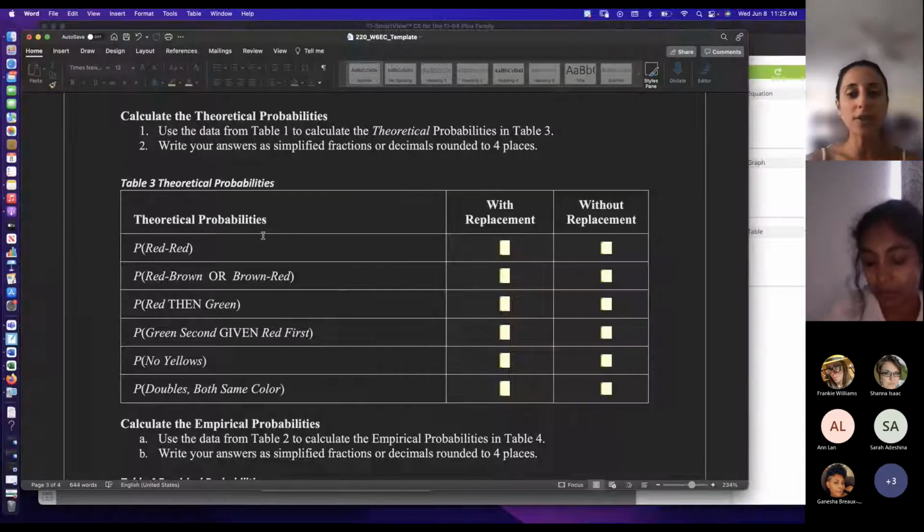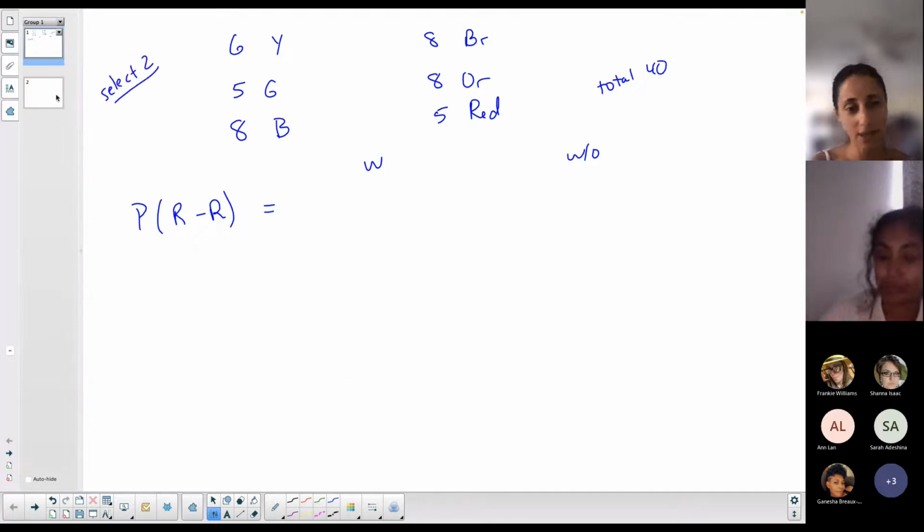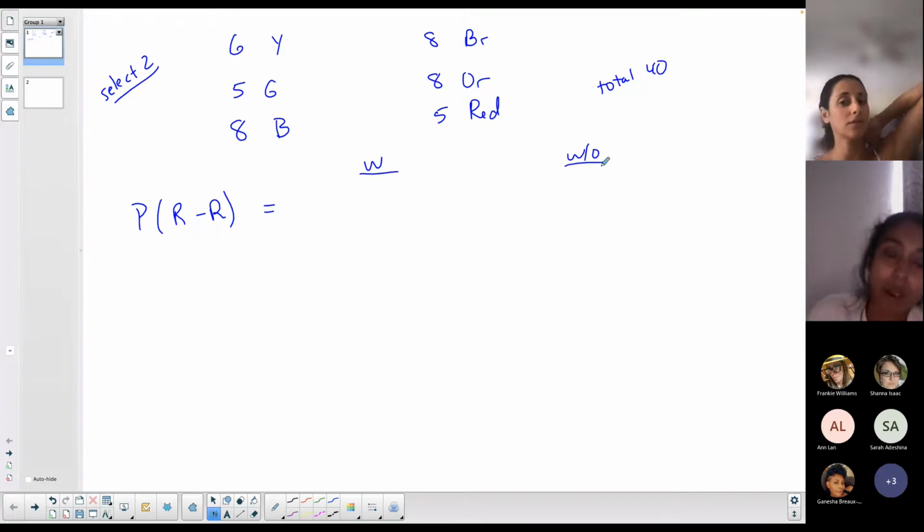So, with and without replacement. You guys are going to help me with this. Remember that I'm always selecting 2. And for you guys that were here yesterday or listened to my stuff, when we select more than 1, which rule are we always using?